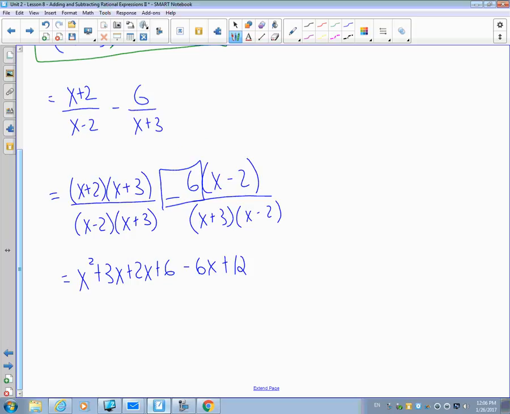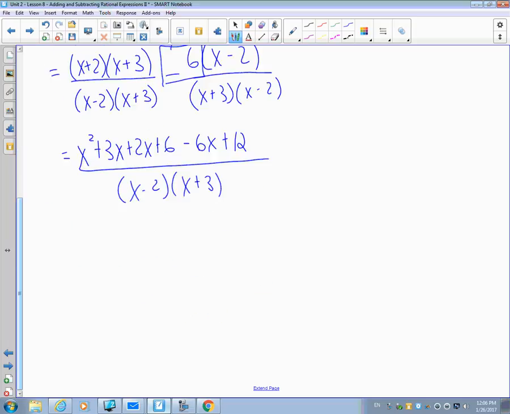Think of that as a negative 6, don't forget. All over x minus 2 and x plus 3. Collect it up, we'll get x squared minus x plus 18 all over x minus 2 and x plus 3.